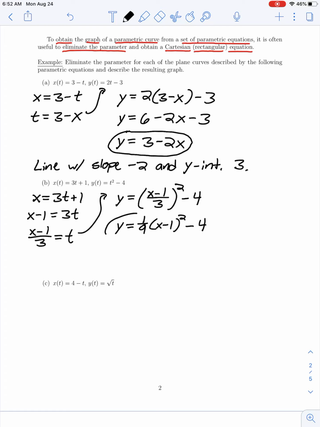So we recognize this now as a quadratic equation involving only the variables x and y. So we've eliminated our parameter to get this Cartesian or rectangular equation. And we know that the graph of any quadratic is a parabola. So here we have a parabola.